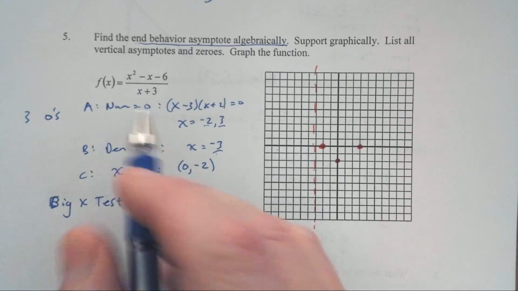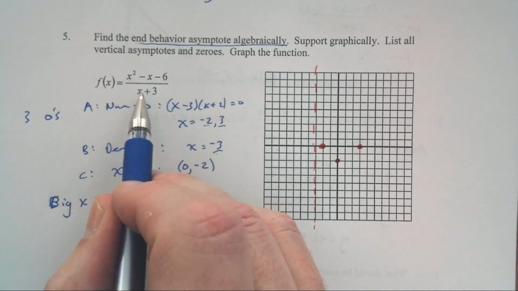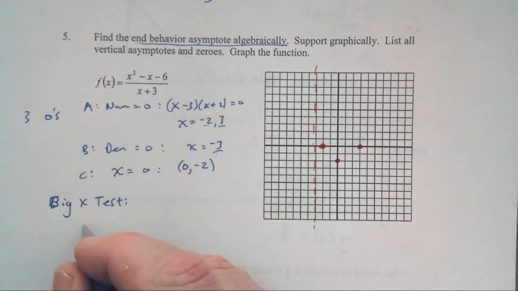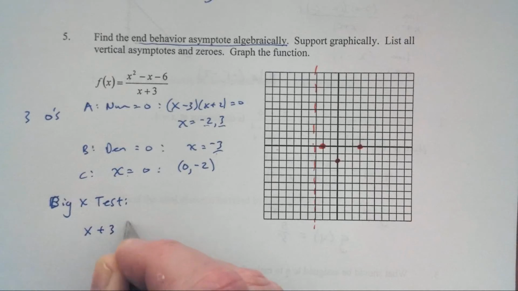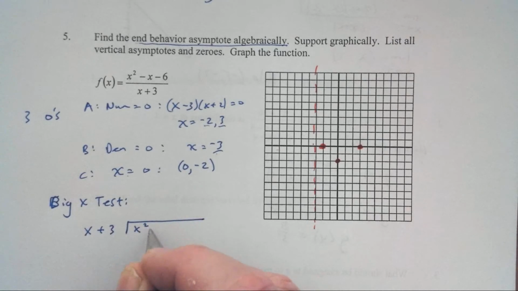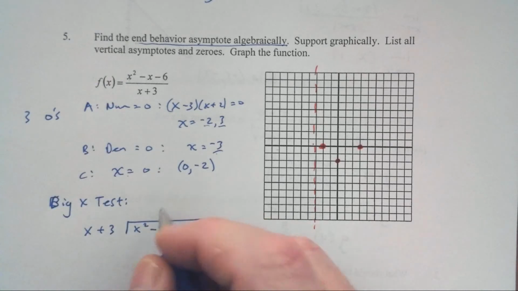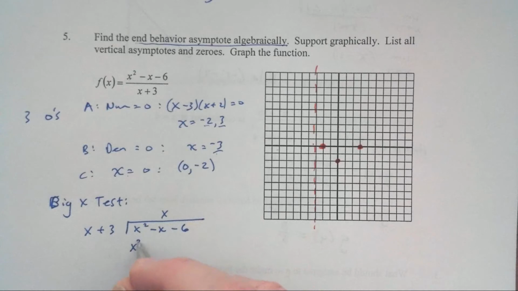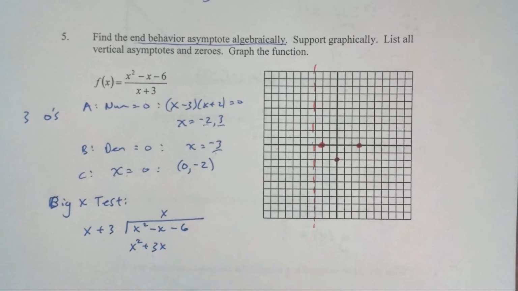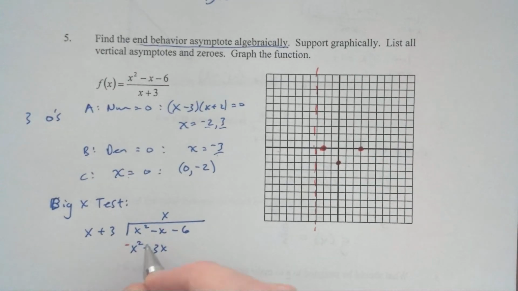So when the numerator outpaces the denominator, we have to long divide. So that would be x plus 3 into x squared minus x minus 6. X plus 3 goes into x squared x times: x squared plus 3x, but I am subtracting those.